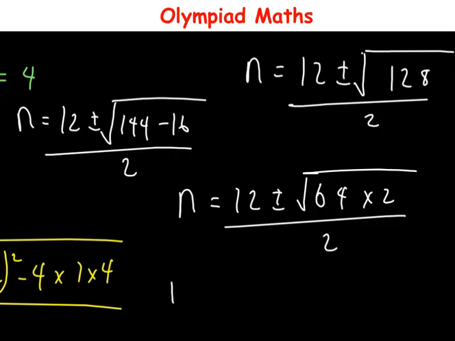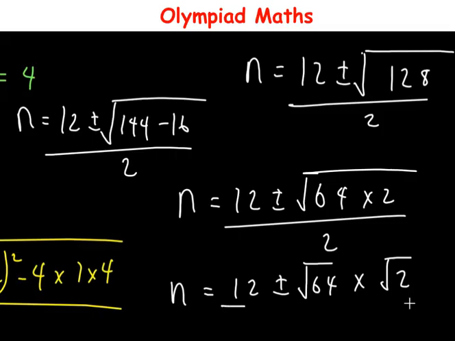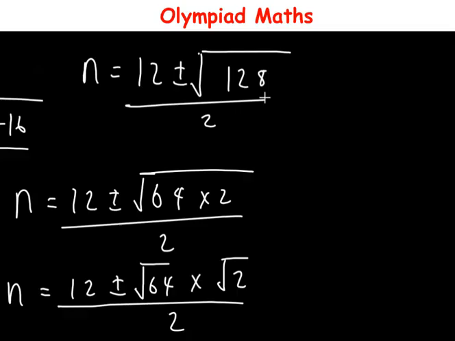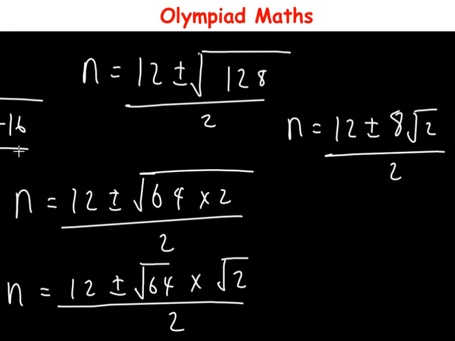So with this, n is equal to 12 plus or minus, this can be written as root 64 times root 2, all over 2. So from here, the value of n is equal to 12 plus or minus root 64, which is 8, then multiplied by root 2, all over 2.